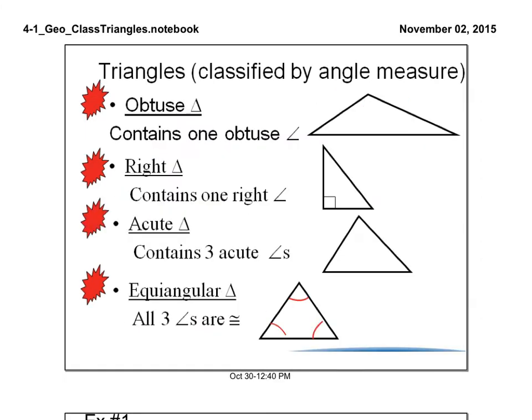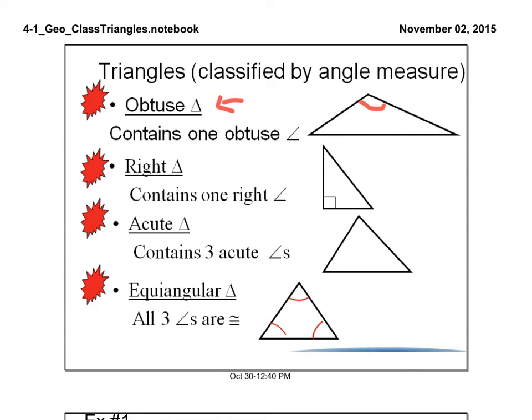What happens if you're talking about the angle measure of the triangles? Well, an obtuse angle is an angle larger than 90 degrees and less than 180, and an obtuse triangle will have one of those angles. That angle there is an obtuse angle, therefore we call that triangle an obtuse triangle.